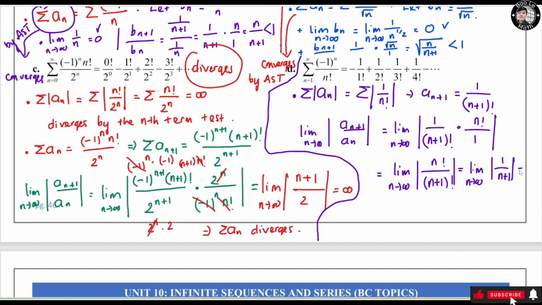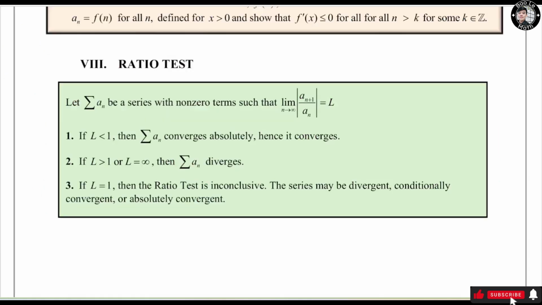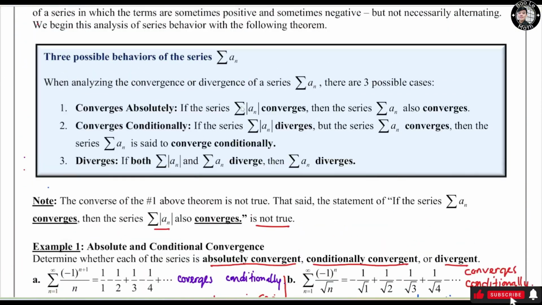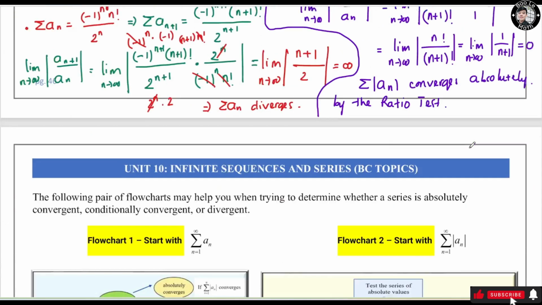So this one equals 0. By the ratio test, if the limit is less than 1, the series converges absolutely. And we look at the number 1 right here. If this converges, then the original one must be convergent.